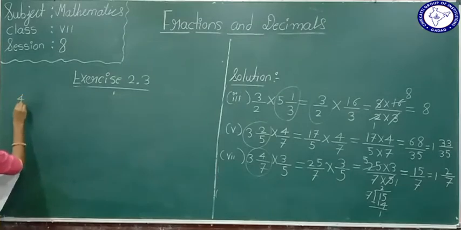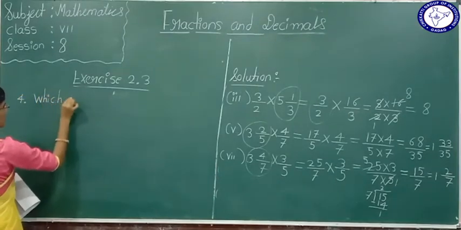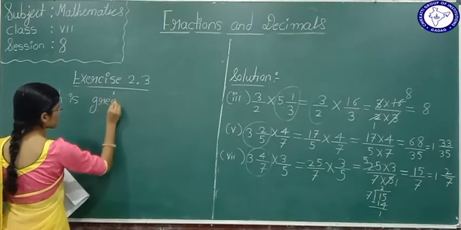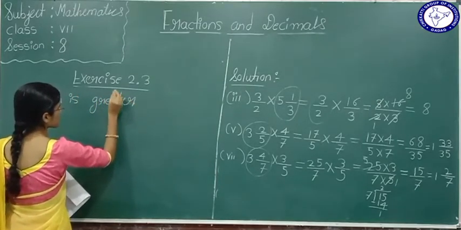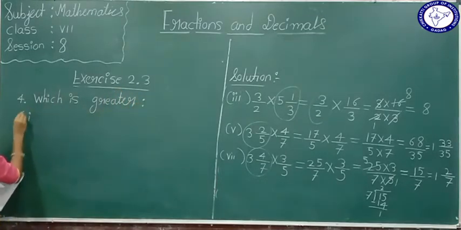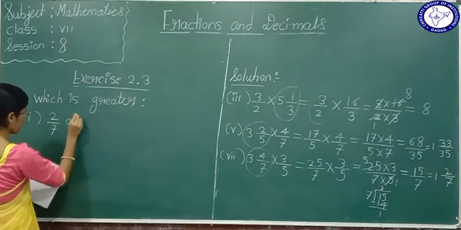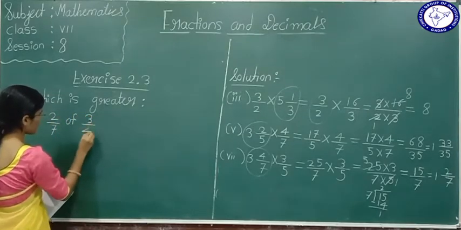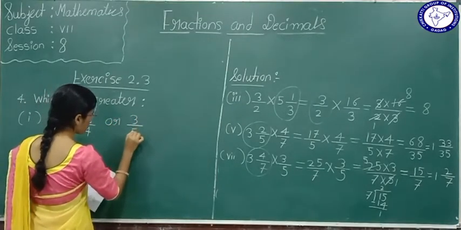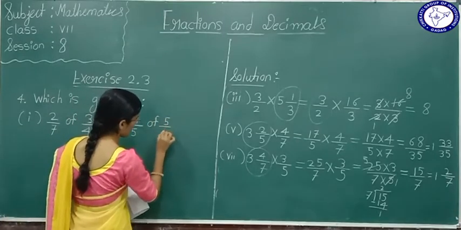Now see the fourth one, which is greater. First one, 2 by 7 of 3 by 4 or 3 by 5 of 5 by 8.